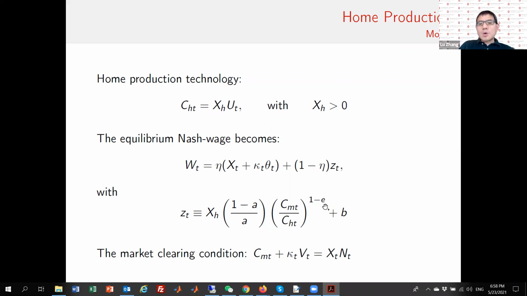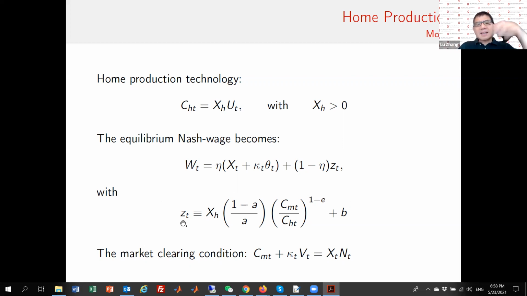In other words, when elasticity becomes higher, if market goods and home goods become more substitutable, then home goods will lose some appeal, right? So mechanically, when E goes up, Z is going to go down, right? So if home goods and market goods are more substitutable, then home production loses some appeal.